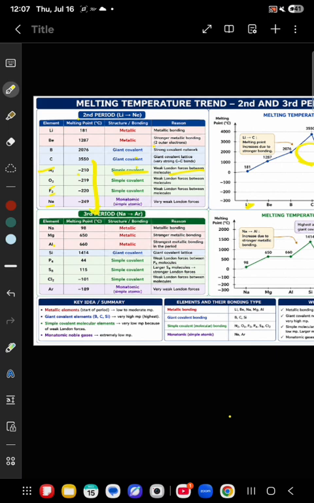So the trend is that melting temperature across the period increases up to carbon, and after carbon melting temperature decreases. Why? The reason is that they form simple covalent molecules, and there are weak London forces present between them. For neon, because it is monatomic, the forces would be the very weakest London dispersion forces.